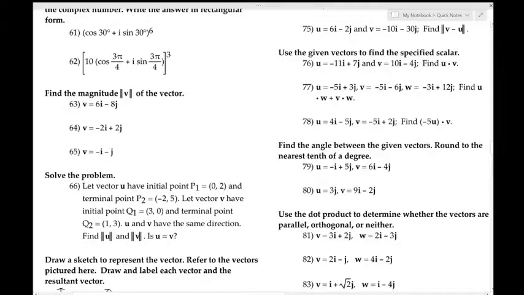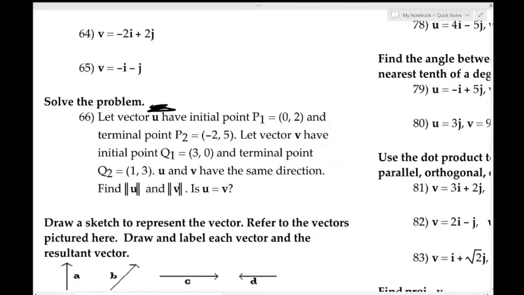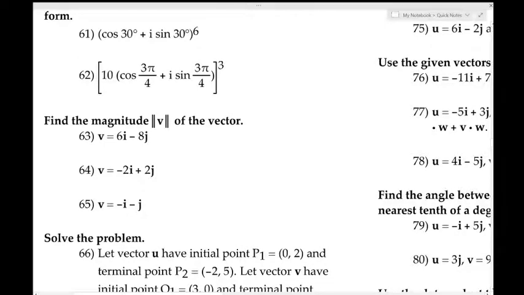So that we can do fairly easily. Think of this as being a vector, and this is the i direction and this is the j direction, right? So this vector goes 6 to the right and then 8 down, so something like that, and then here is this vector. We want to find its length.